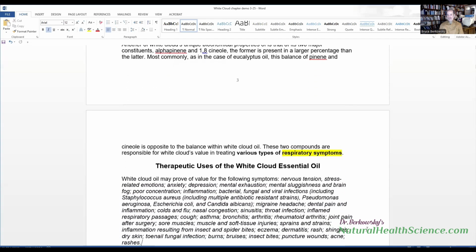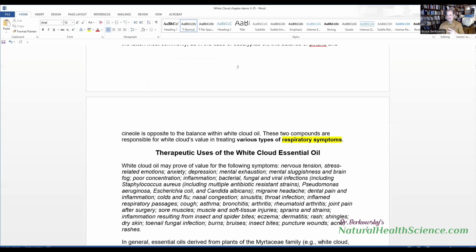But before we get onto that, let's take a look and just see what it's like on an emotional level. So I'm going to highlight this. So here are the noted symptoms on an emotional mental level that white cloud has been found to be useful for.